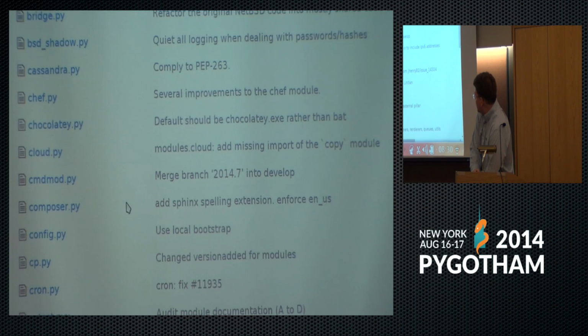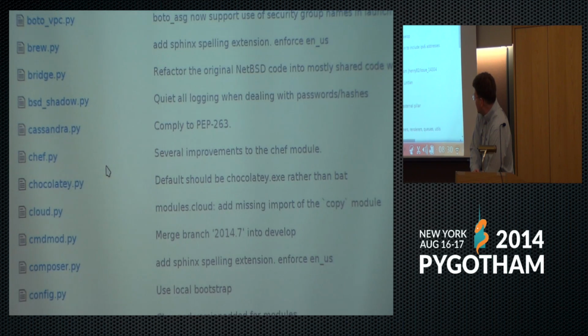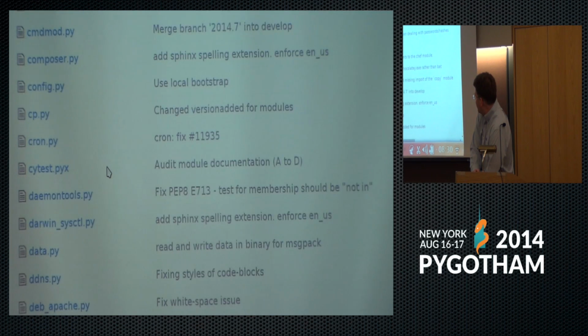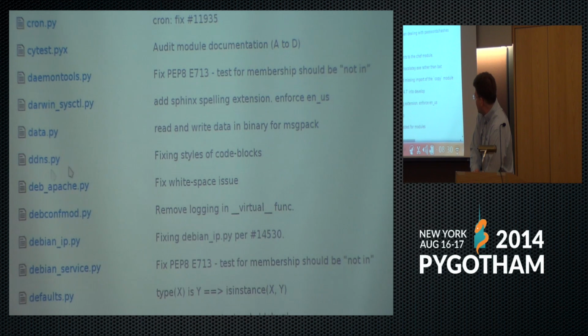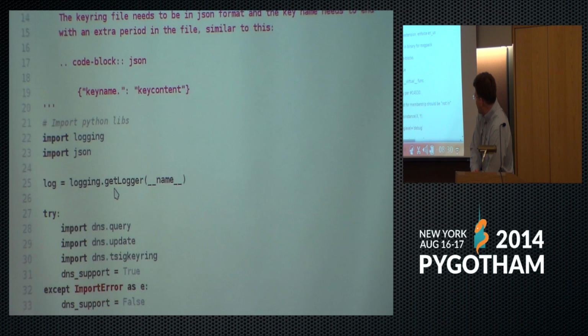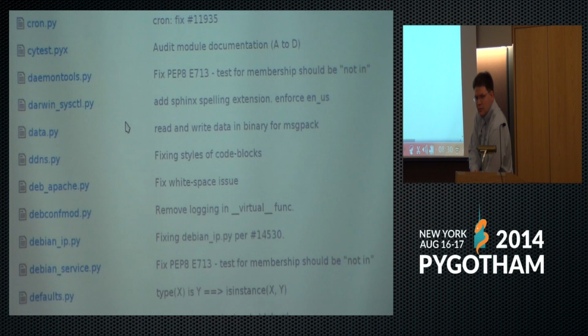And so, for instance, if somebody goes into the execution module directory and decides that they want to make some additions to how we manage, just trying to pick something at random here, DDNS, the modifications that they make to this file are mostly isolated to this file.